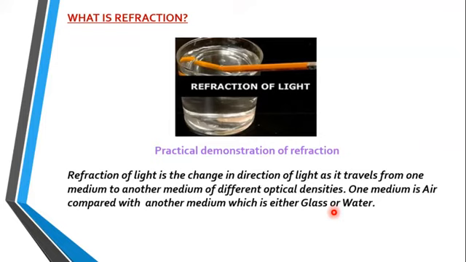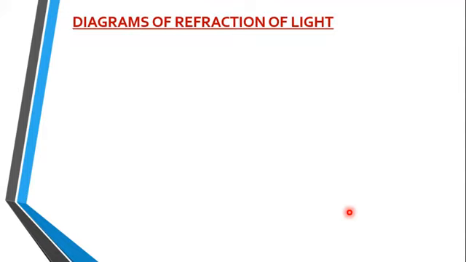Well, now, let's move on to look at the second objective, diagrams of refraction of light. At this level, I expect you to be critical about whatever I will say about the diagrams.